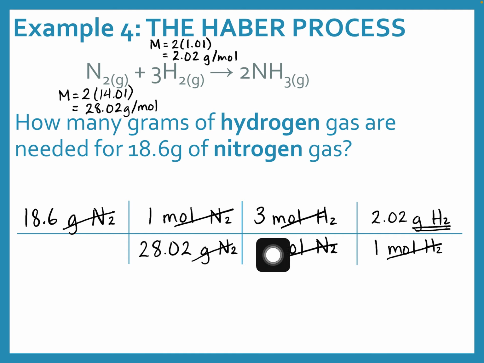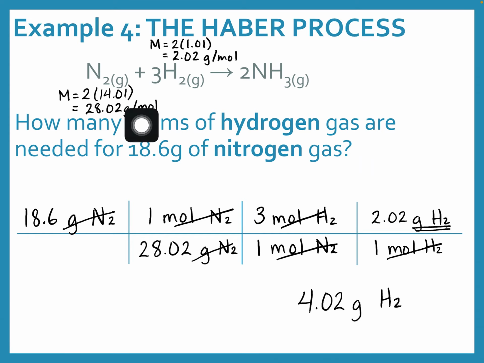Anything that is a multiplication or division by 1, we can ignore. So 18.6, we don't need the times 1, divide by 28.02, multiply by 3, multiply by 2.02. And that is going to give us 4.02 grams of hydrogen are needed for 18.6 grams of nitrogen.